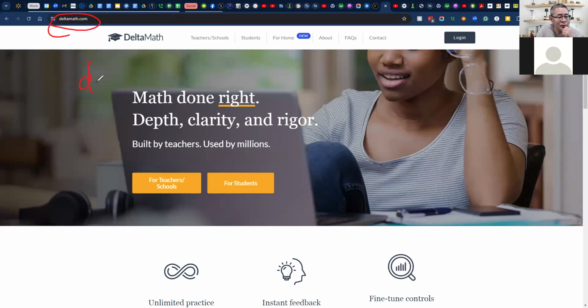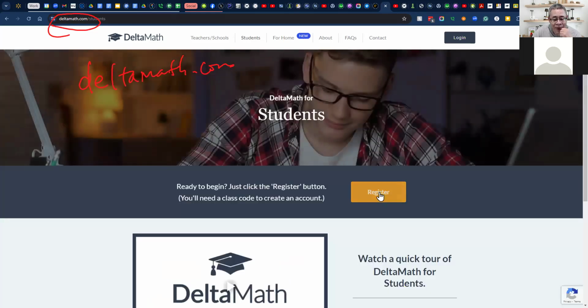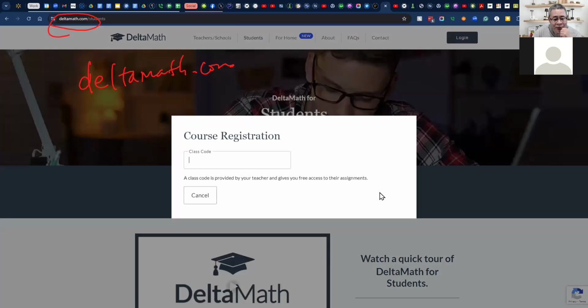So for student, you click that, and there's a register option, and here is the class code. Once you join in, I'll give you the class code after I explain how that works.